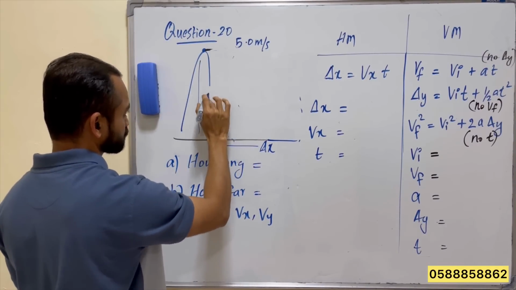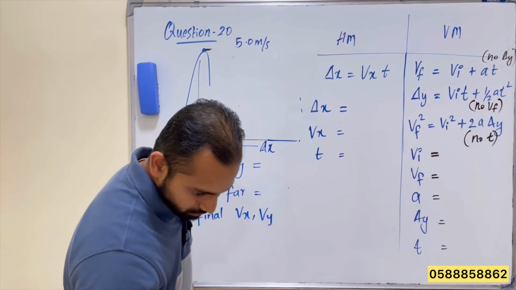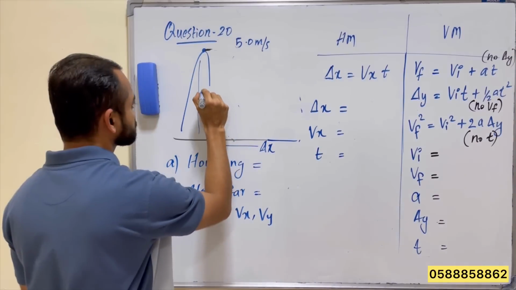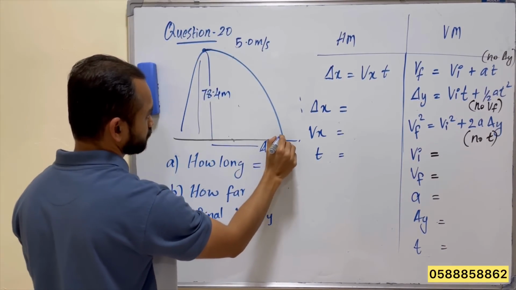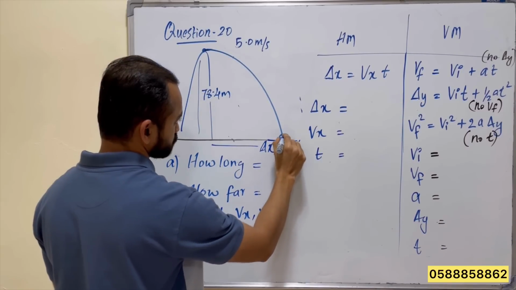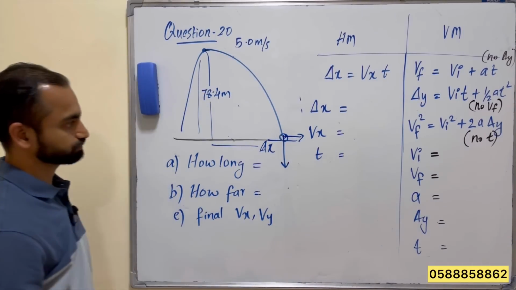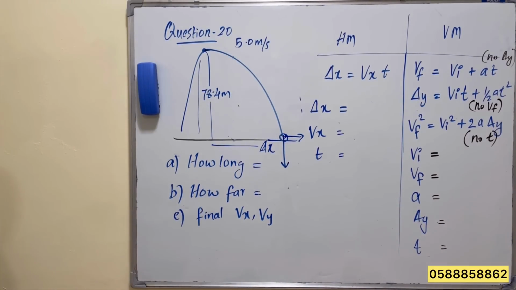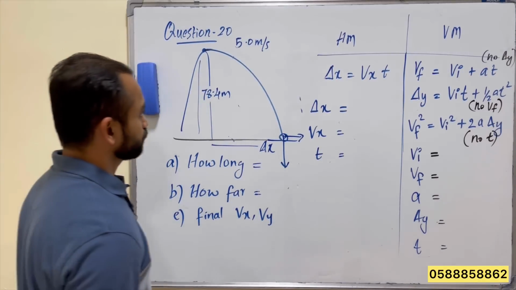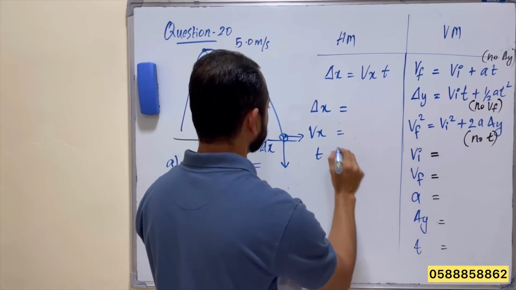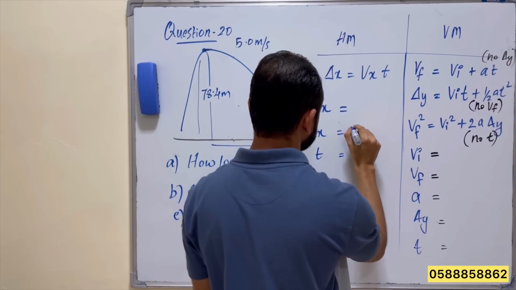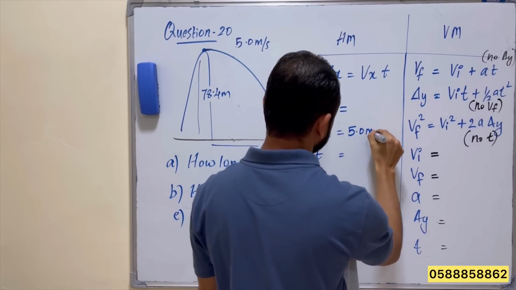Height of the cliff is how much? 78.4 meter. And this is the path followed by the projectile. So horizontal velocity and vertical velocity. So what do we know here? Here we know the Vx, the velocity, that is 5.0 meter per second.